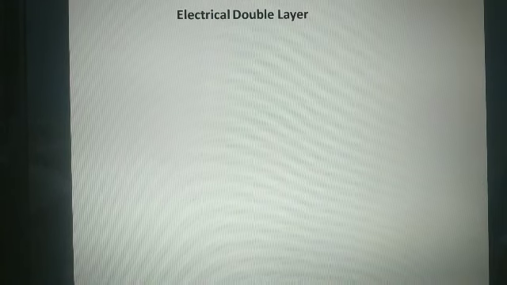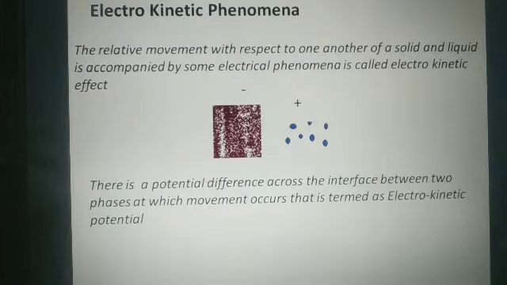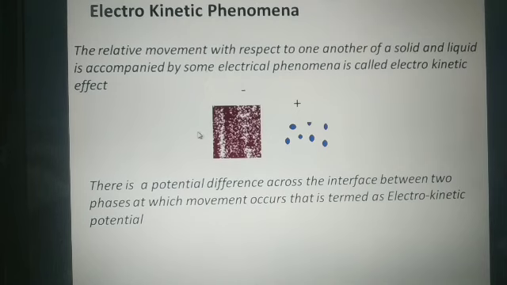Actually, what happens whenever such a situation is there, then liquid is forced to cross through this porous material from one side to the another side. This phenomenon is termed as the electroosmosis. What do you call this? Electroosmosis.